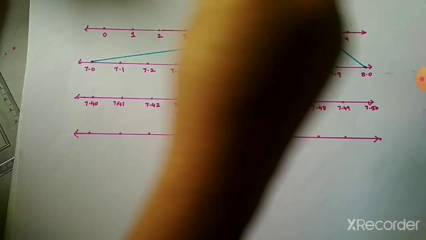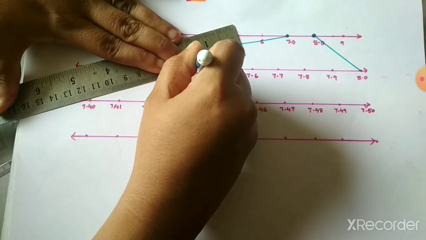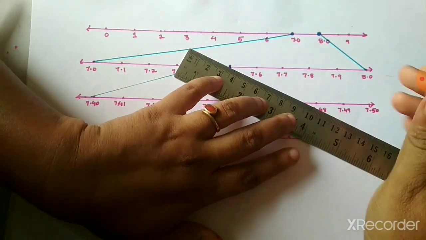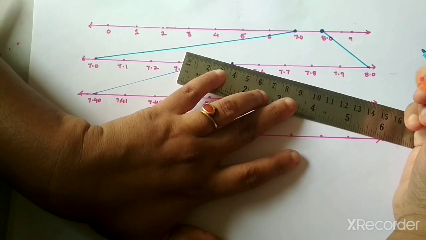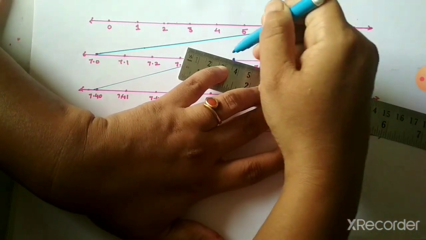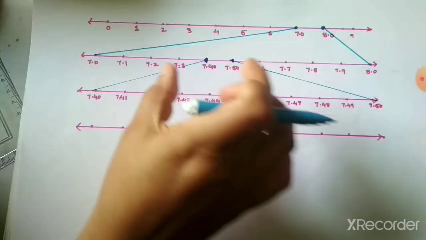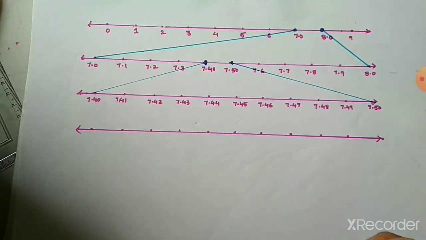Is it correct? That means again I have magnified this 7.40 to 7.50 by considering the 10 points in between. Correct? So I will show you with this line. We are magnifying this distance as 7.4 to 7.50.